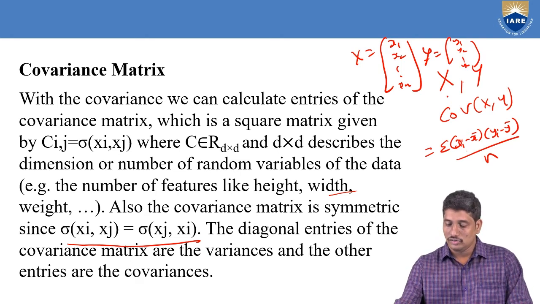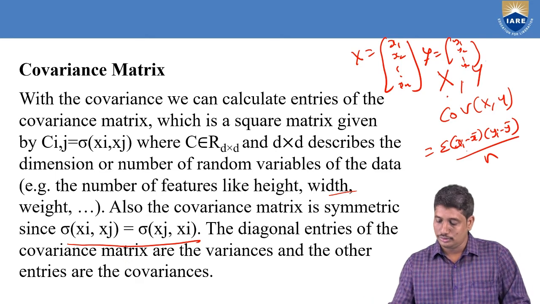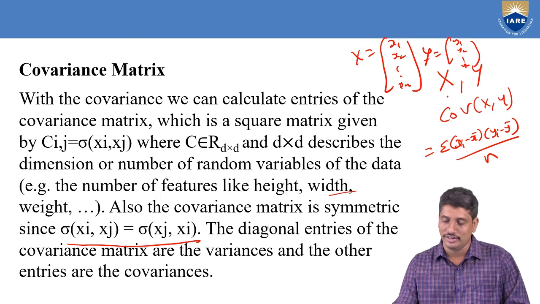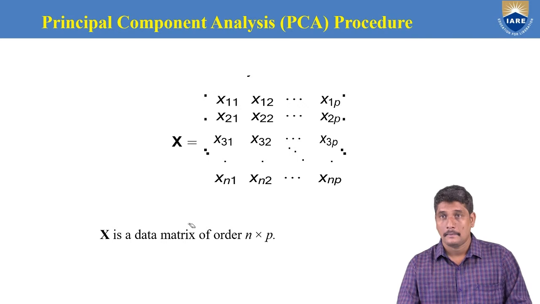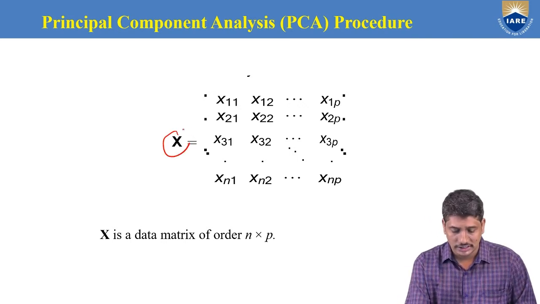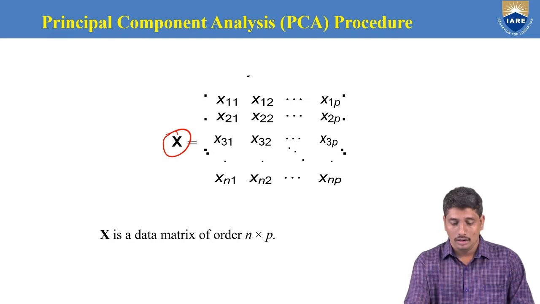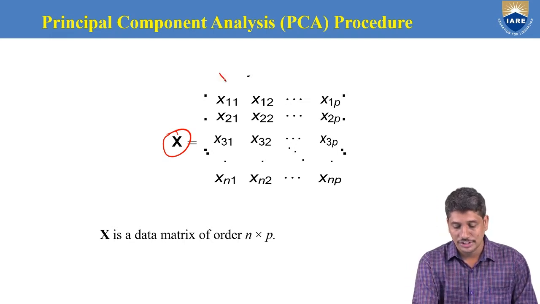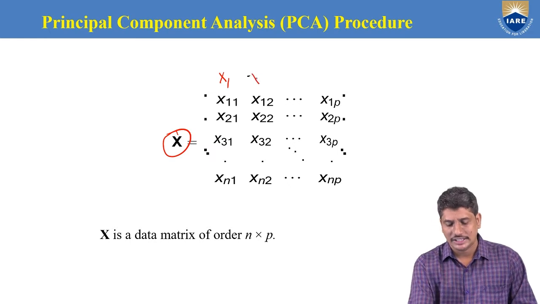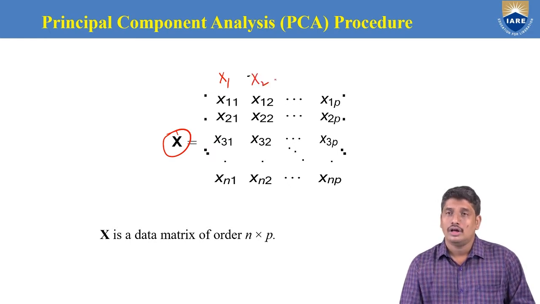Okay, and now with an example, we'll try to understand how we are going to build a covariance matrix for a given set of data. So, this is a data set. Suppose X represents a data set, and the first feature is x1, say heights of students of IARE, and the second feature is x2, the weights of students of IARE.